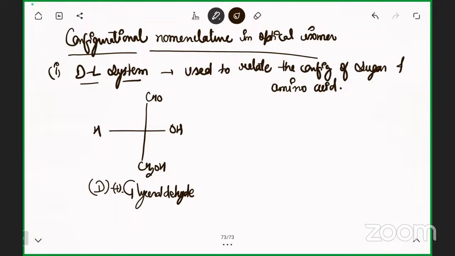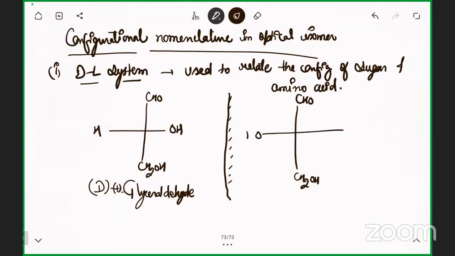It means this particular compound will show the positive rotation of which light? Plane polarized light. If I make a mirror image of this compound, we have CHO at the top, then at the bottom CH2OH.